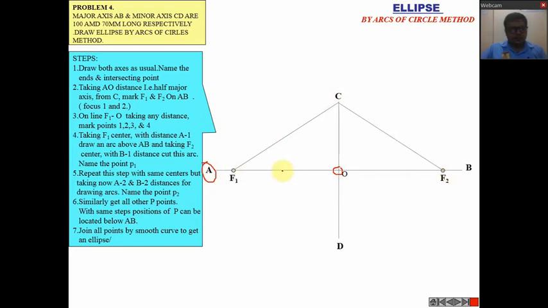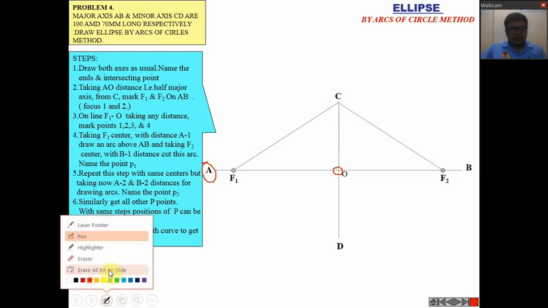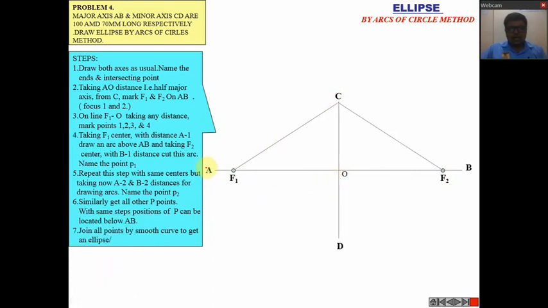Again I am repeating the procedure. First of all, take the distance from O to A. After taking this distance with the use of rounder, take center as point C and make an arc here. You will make an arc something like this.